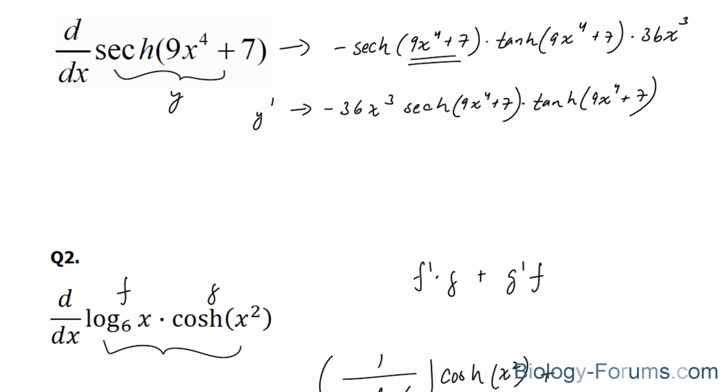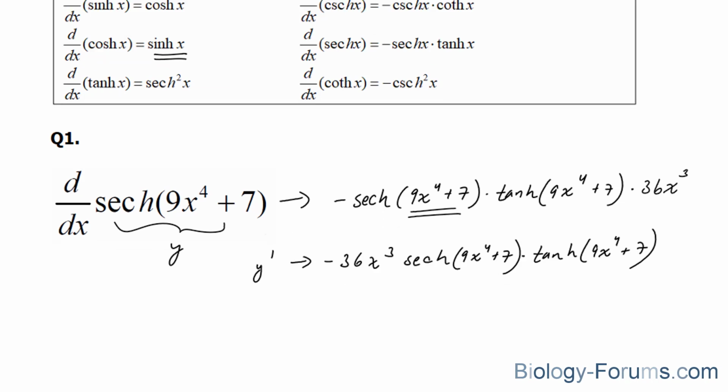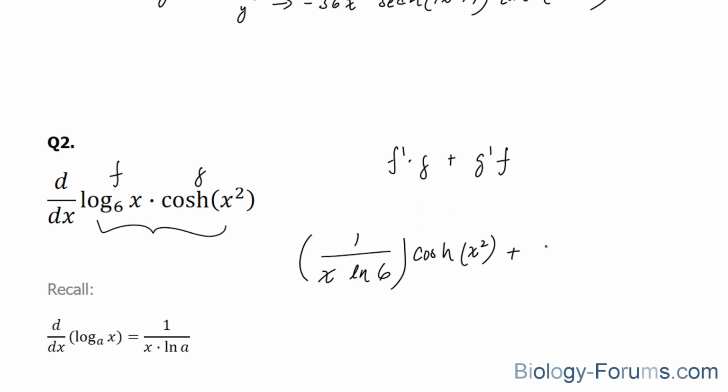And we can look at our chart here. Our chart tells us that the answer is sine h of x to the power of 2, and don't forget to find the derivative of that and multiply it to this, which is 2x, and then you leave log base 6 the way it is.